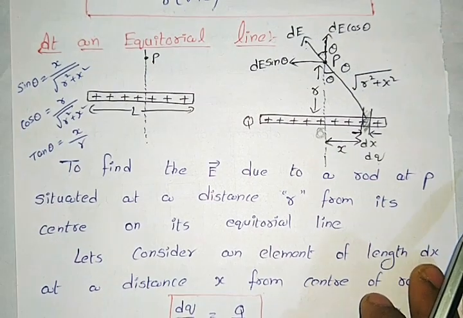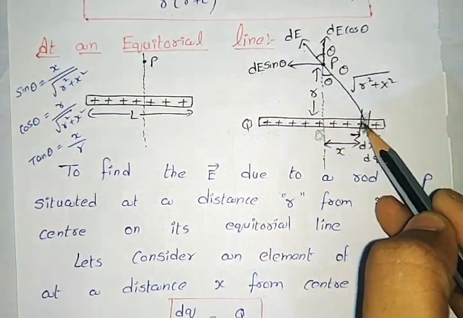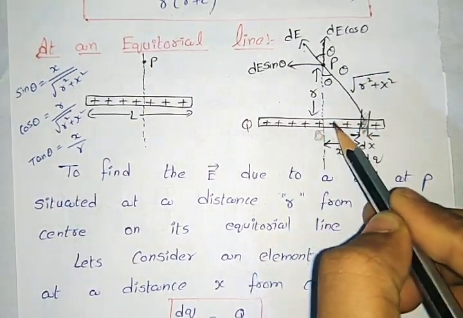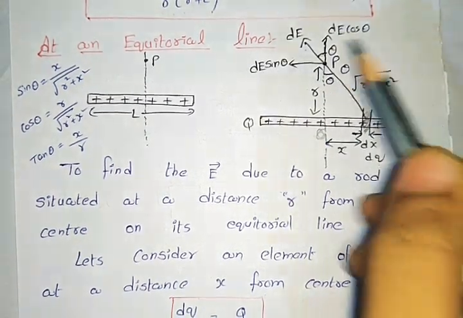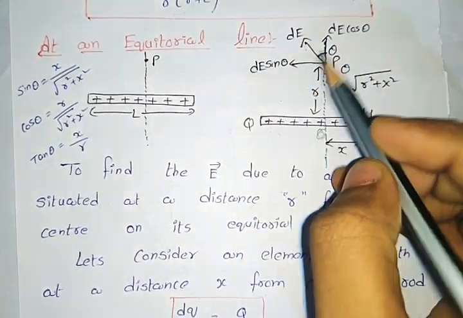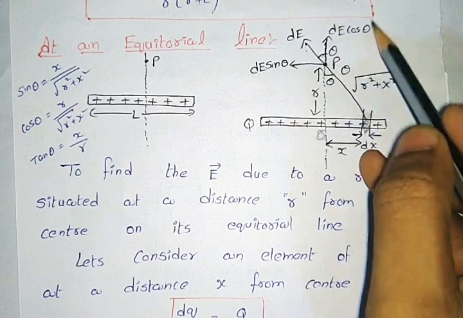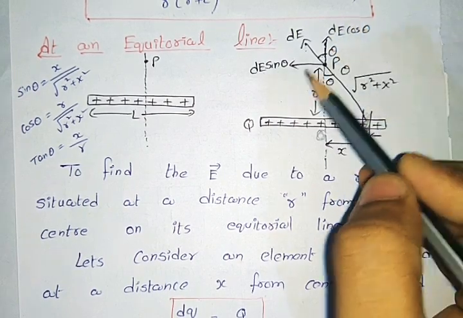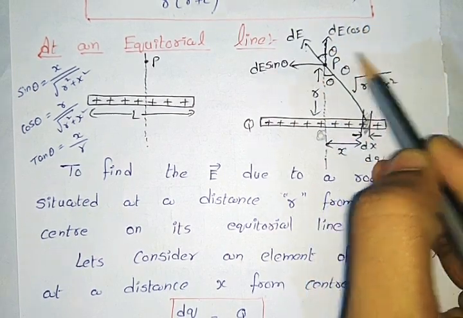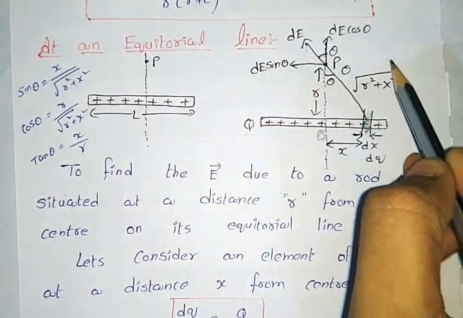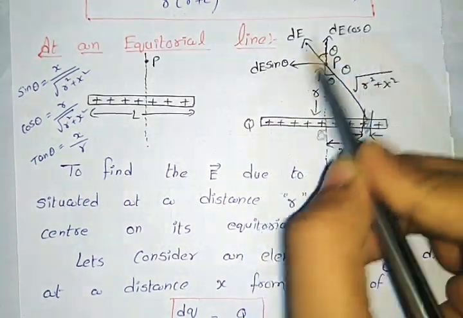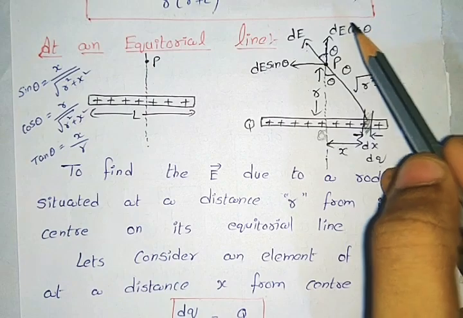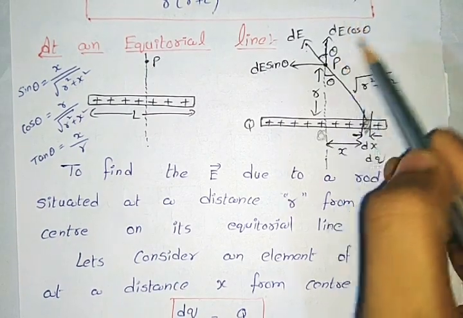One thing you have to notice is that we can find any number of elements like this. For all the elements, for example if I take one more element here, again it will have its y axis component as dE cos theta and x axis component as dE sin theta. Now all the dE sin theta components will get cancelled due to symmetry, and the only remaining components will be dE cos theta.